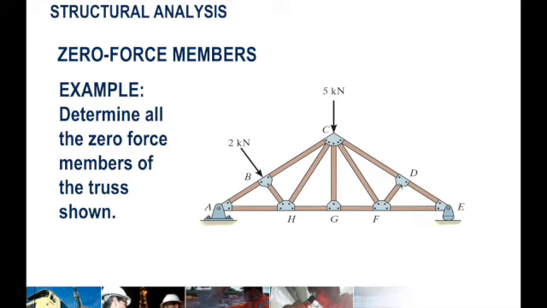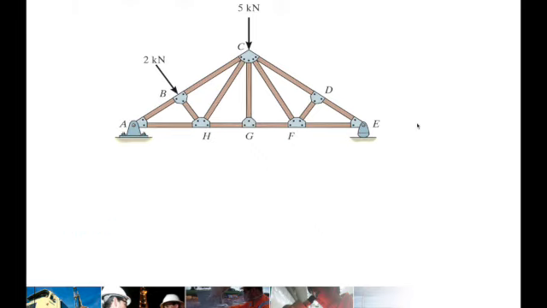So you can look at the joint in the middle, which is joint G. What's in joint G? You have 1, 2, and 3 members, and 2 are collinear. The third one must be a zero force member.